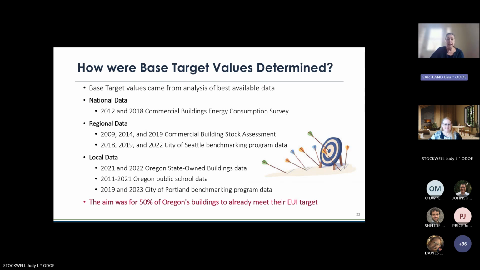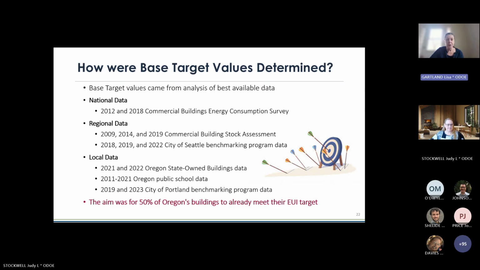So how were these base target values determined? As I said before, they came from analysis of the best available data we had. We had national data from CBECS, the Commercial Buildings Energy Consumption Survey, that's run, I don't know exactly when, every 6 years, I guess. We had data from 2012 and 2018.